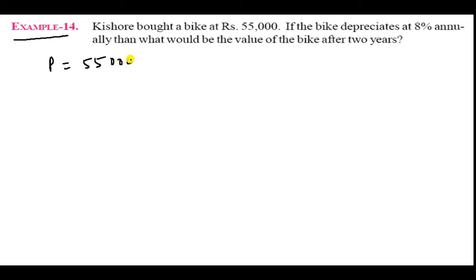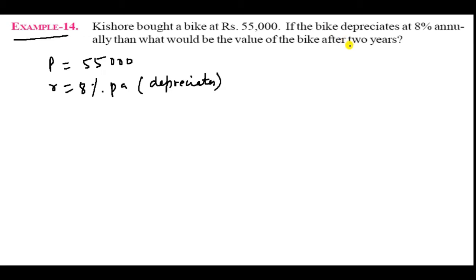Let us see example number 14. Kishore bought a bike of rupees 55,000. If the bike depreciates at 8% annually, then what would be the value of the bike after 2 years? Depreciate means it decreases.